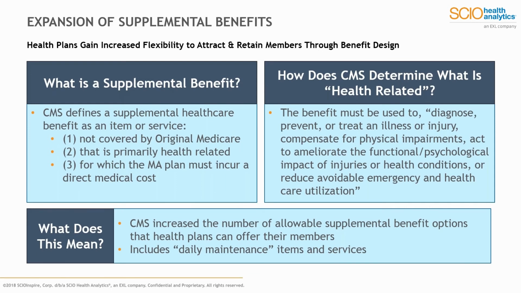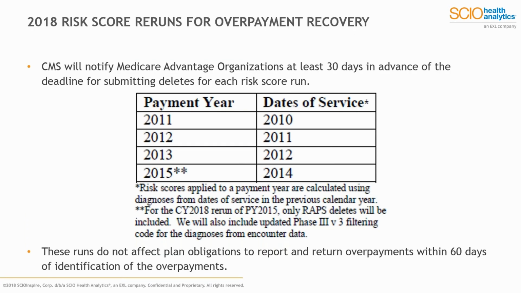A little more information sort of outside the call letter, but CMS has been doing this for a number of years. These are the dates of service and payment years that CMS will be running for recoupment in 2018. While it doesn't remove the obligation to return overpayments within 60 days when you find them, this shows you the payment years and the dates of service that they will be running overpayment recovery. This is only for deletes.